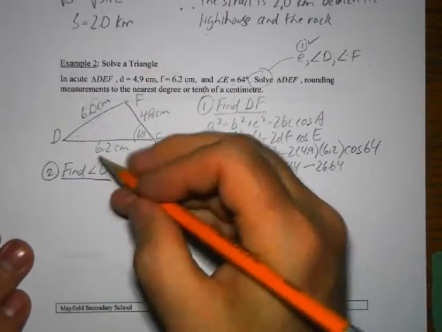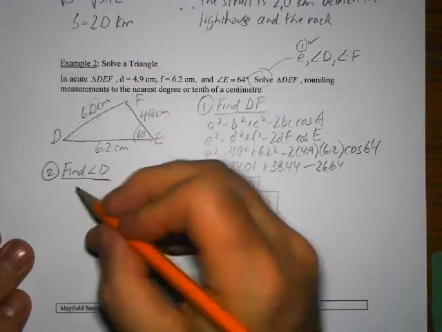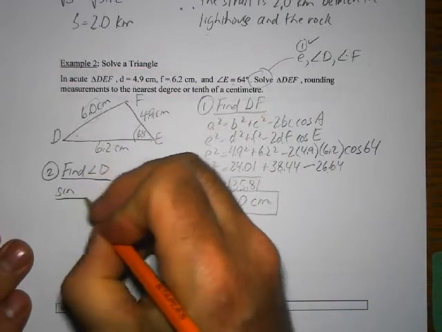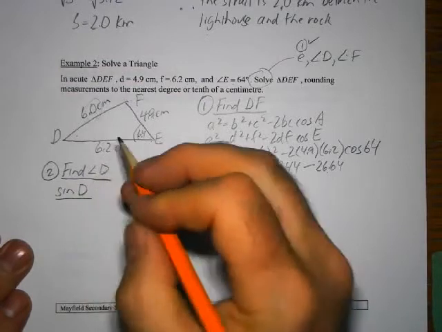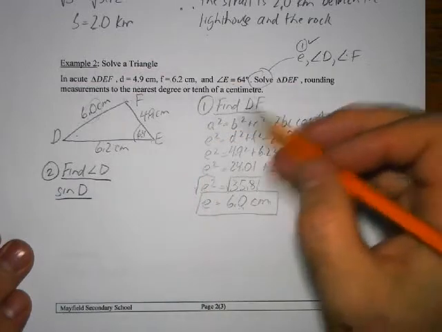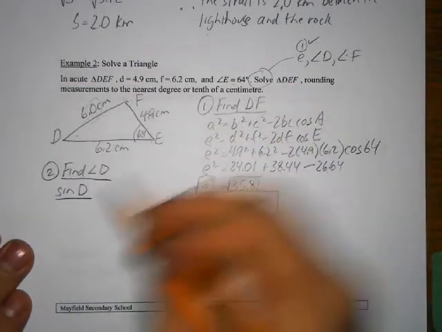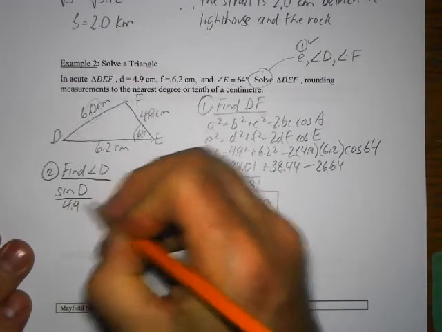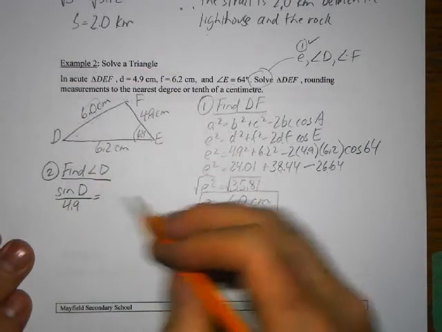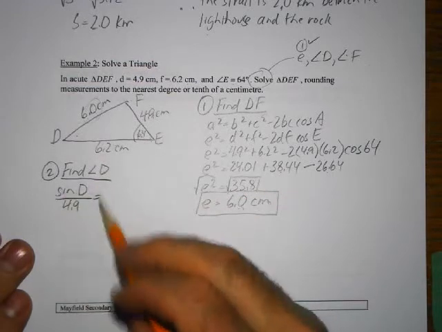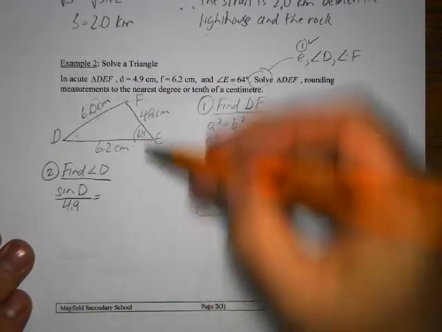So since I'm finding an angle, if you remember the sine law, that means I'm going to put the sine on the top of the ratio. So sine D over little d. So I'm going to plug this right in since we hopefully remember how to use sine law. So little d was 4.9. Okay. And I'm not going to put all three ratios. Since this is the one I'm trying to get, the other ratio has to be the one that's complete, which is this ratio here.